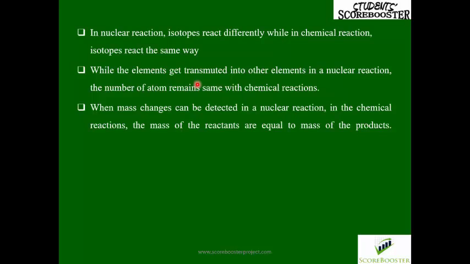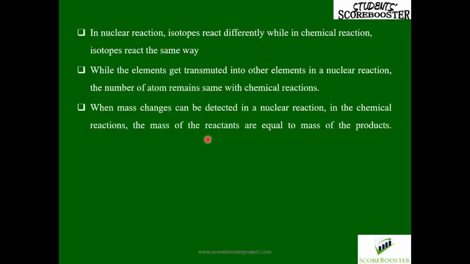And again, in nuclear reaction, we said there must be complete change in atoms from reactant to product. Definitely there must be a detectable mass change in nuclear reaction. But in chemical reaction, the equation must balance.